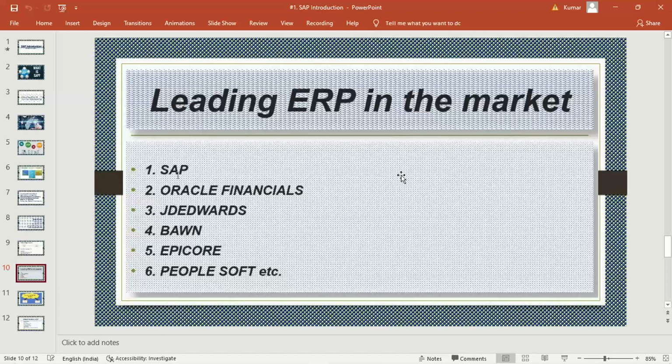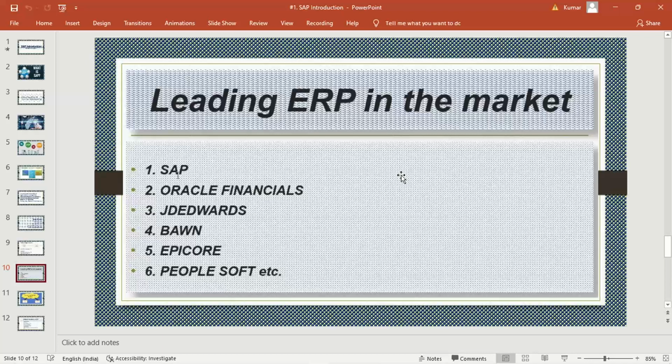If you talk about small ERPs, they are developed by some IT companies who focus on a particular segment and provide a particular solution.